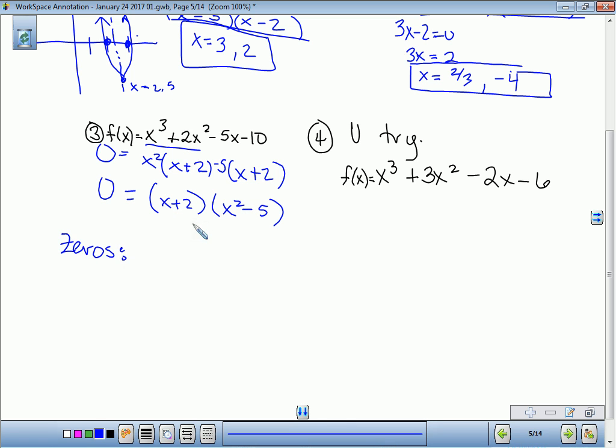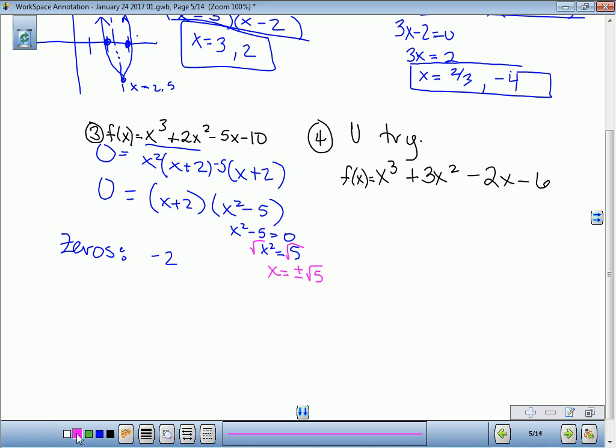What would make the first factor 0? -2. But the second factor, you may be able to look at it and tell, but you may need to do this. Because what do we do at this point? Take the square root. And so, it's positive or negative square root of 5.